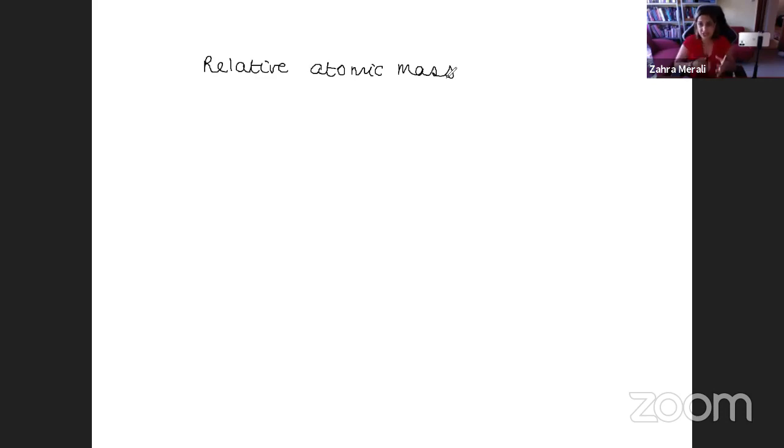So instead, we use the relative masses of different atoms to carbon-12.